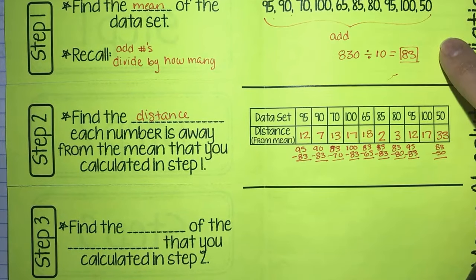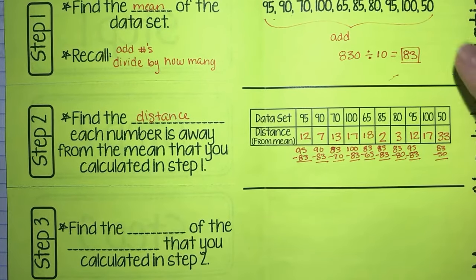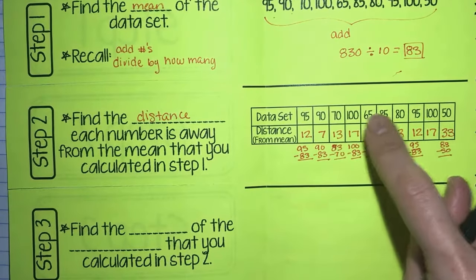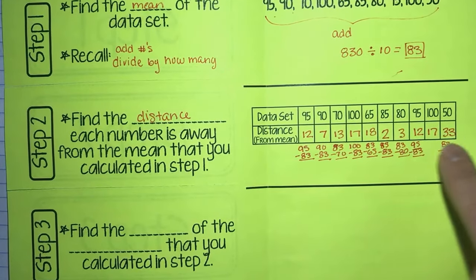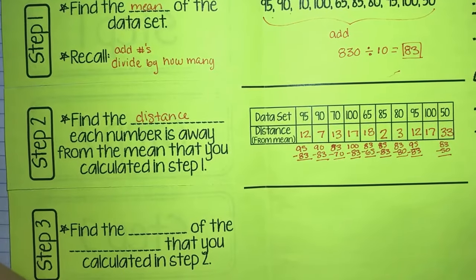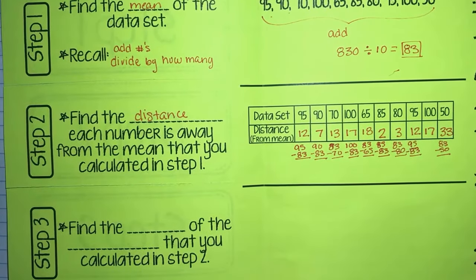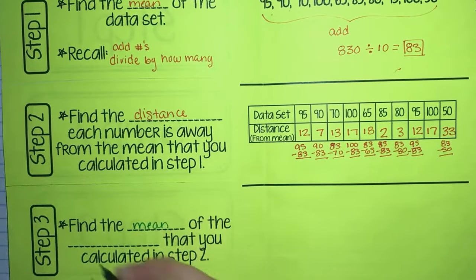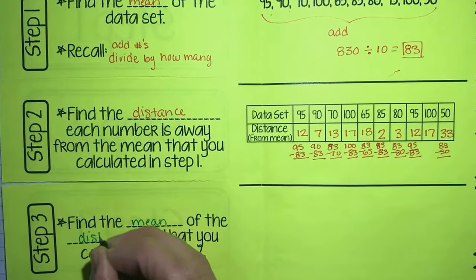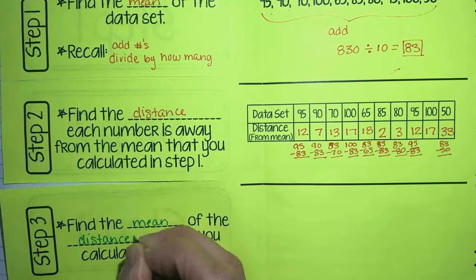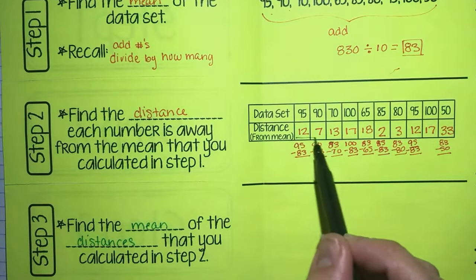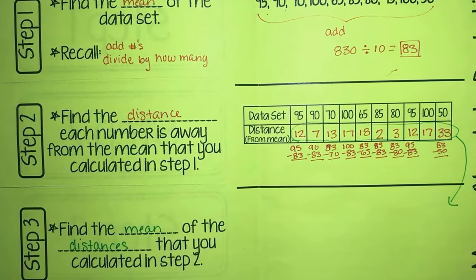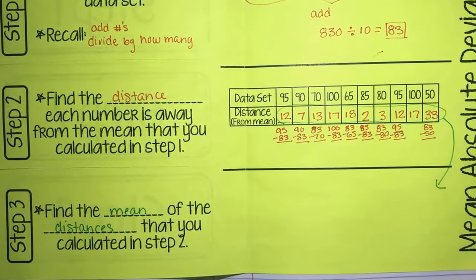Add them all up, divide by how many. Step 2, take that same list and subtract the number that you got here by every single number. So you have a new list. So now the last step is to find the mean of the distances. So basically this is your new list now. So that's what you're going to find the mean of now.